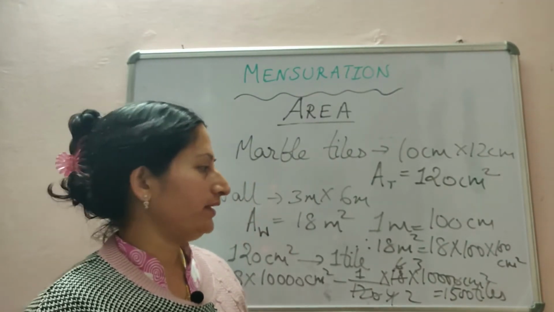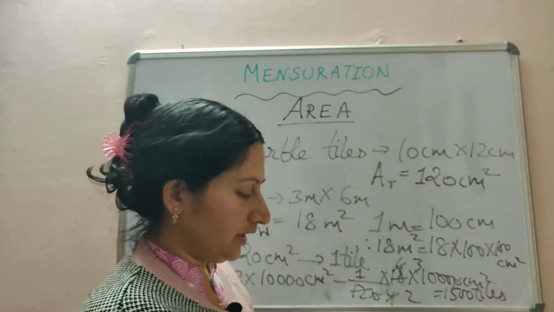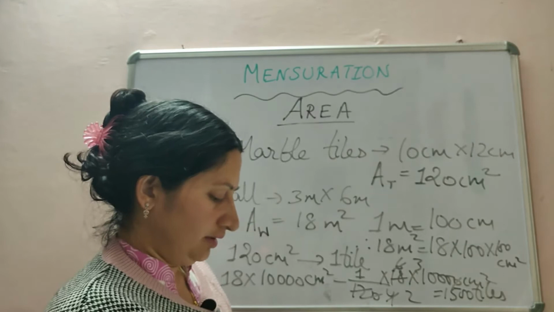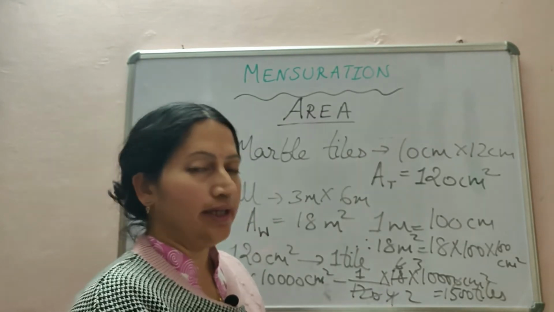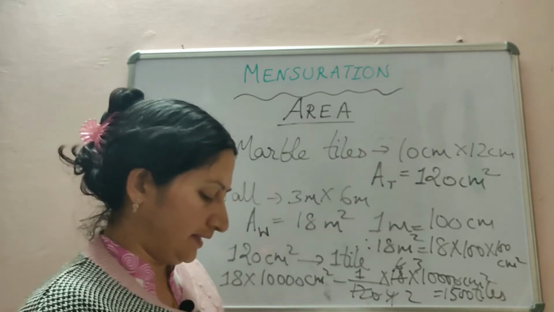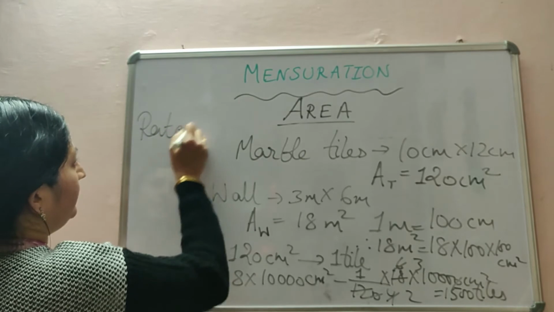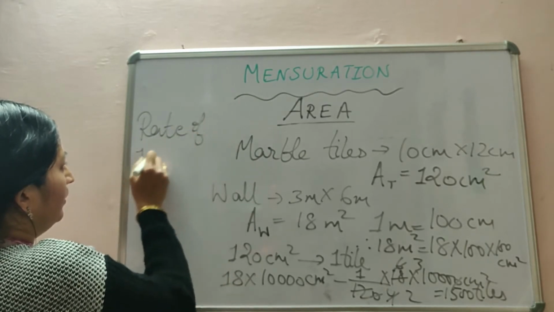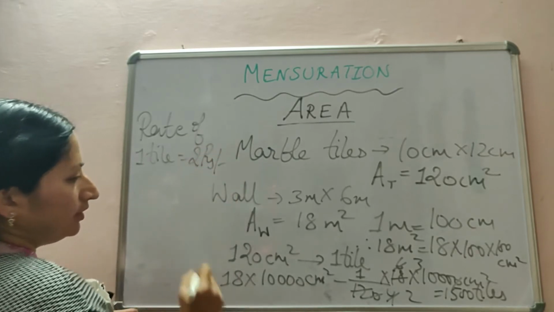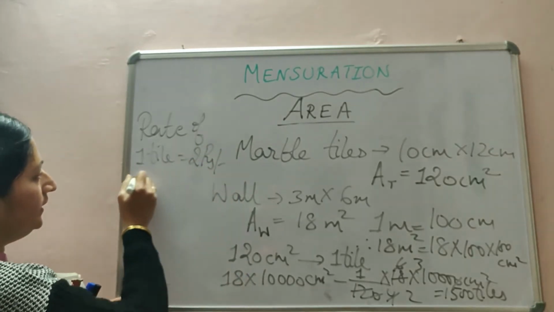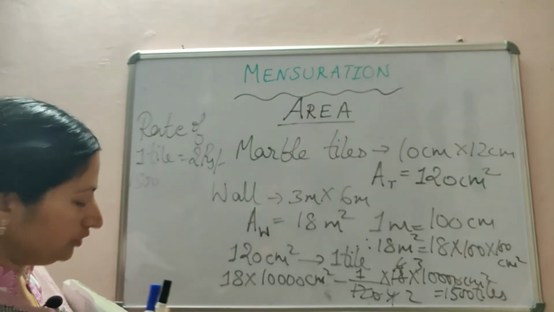Now the cost factor is also asked. So let's go over to the question again. It's saying the cost of the tile is at the rate of 2 rupees per tile. So we can write rate of 1 tile is equal to 2 rupees. So of 1500 tiles, what should be the cost?